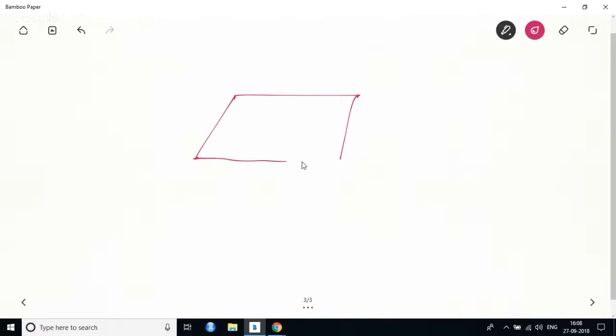In a parallelogram, these are just extensions of what we have discussed till now: diagonals create two congruent triangles, opposite sides are equal and parallel, opposite angles are equal, diagonals bisect each other, as simple as that. Now in a parallelogram, bisectors of any two consecutive angles, so I am taking angle A, I am taking angle B, and this is the bisector of angle A and B. Now try to understand, guys.